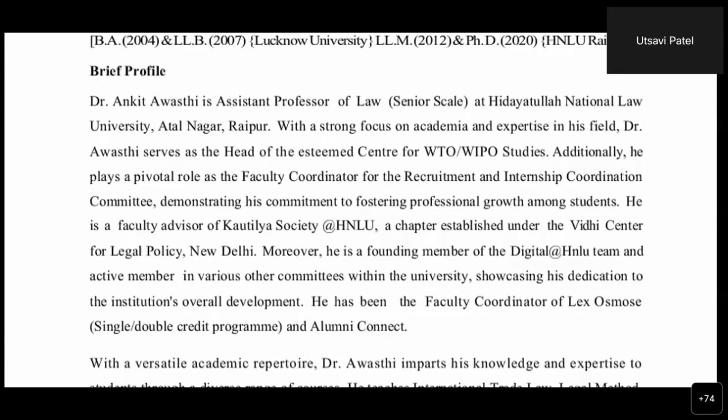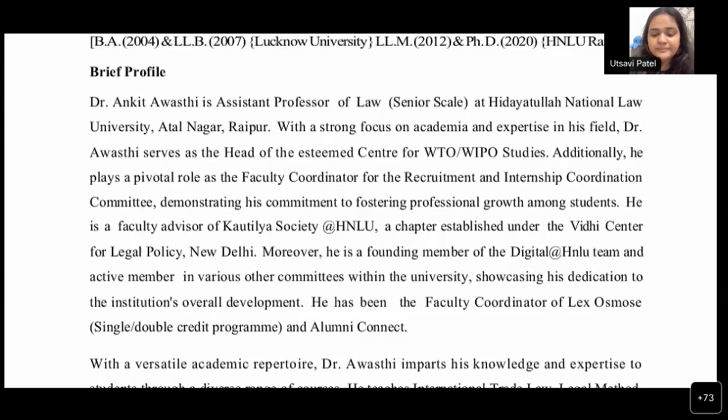He is the faculty advisor of Kautilya Society at HNLU Raipur, a chapter established under the Vidhi Center of Legal Policies, New Delhi. Moreover, he is the founding member of the Digital at the rate HNLU team, an active member in various other committees within the university, showcasing his dedication to the institution's overall development.